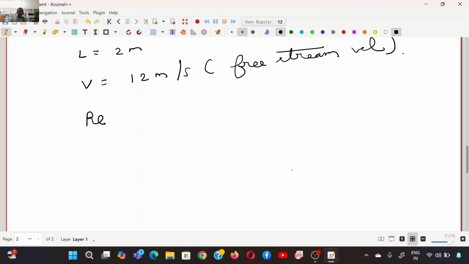So what is Reynolds number? Maximum Reynolds number in the system possible. What's the maximum dimension here? The length is 2 meter, right? So what is Reynolds number? L V rho by mu. V we know, rho we know, mu we know. So get the maximum Reynolds number. Take at the extreme edge of the flat plate. 2 into 12.